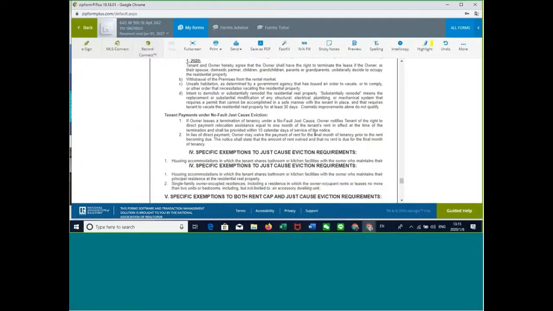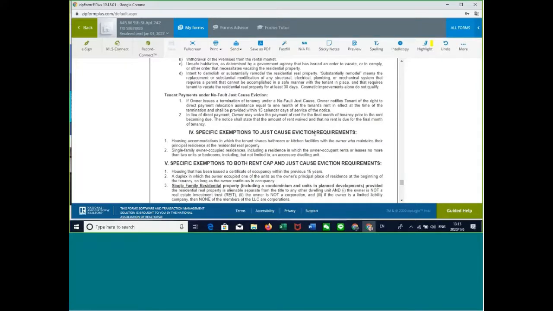And then the tenant payments under no-fault just cause eviction. If the owner issues a termination of tenancy under no-fault just cause, the owner notifies the tenant of the right to direct payment relocation assistance equal to one month of the tenant's rent in effect at the time of the termination, and it shall be provided within 15 days.